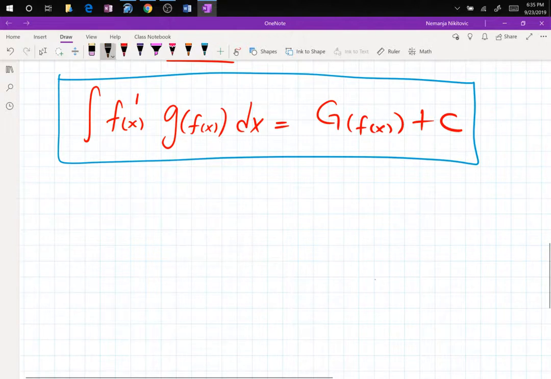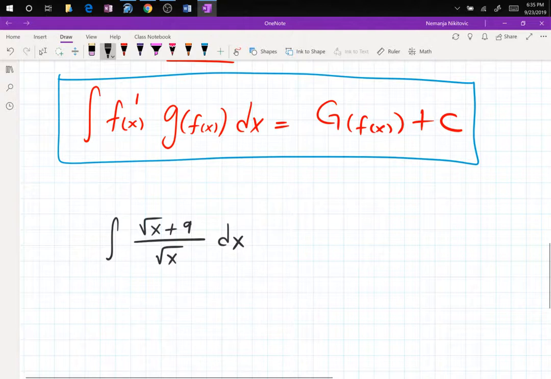And that would be, when you have, let's go with the integral of, say, square root of x plus 9 divided by square root of x dx. Now, there are a number of ways you can solve this problem.